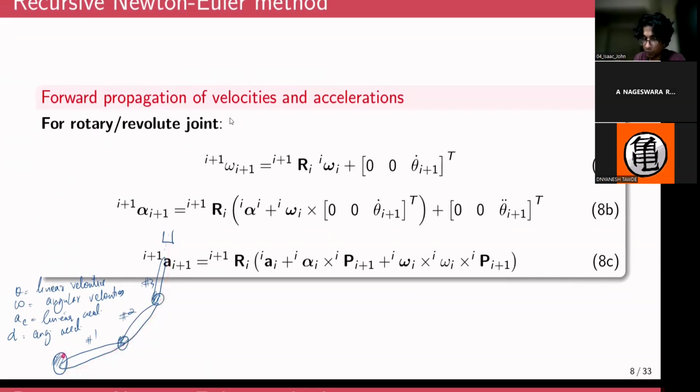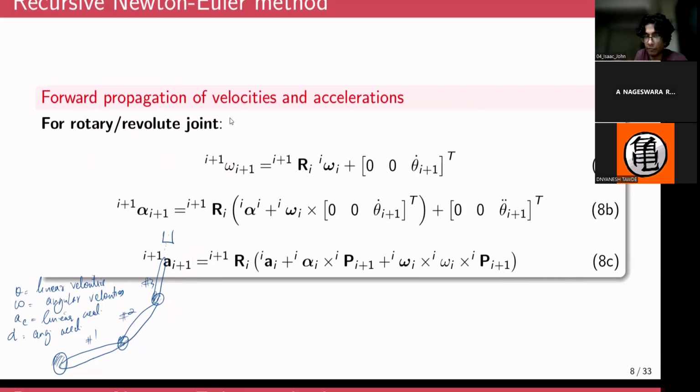Because if you consider a robot assembled of multiple actuated joints, each of the actuated joints would contribute to the linear velocities, angular velocities, linear acceleration, and angular acceleration. So it will have a cumulative effect starting from the ground all the way to the end effector. Obviously, for a robotic manipulator, the velocities and accelerations at the ground would be zero.